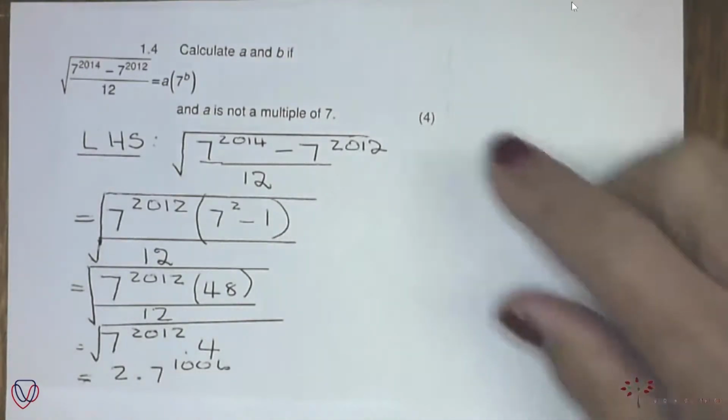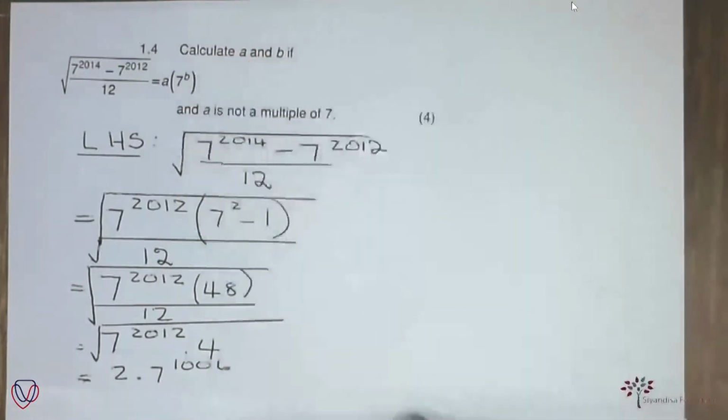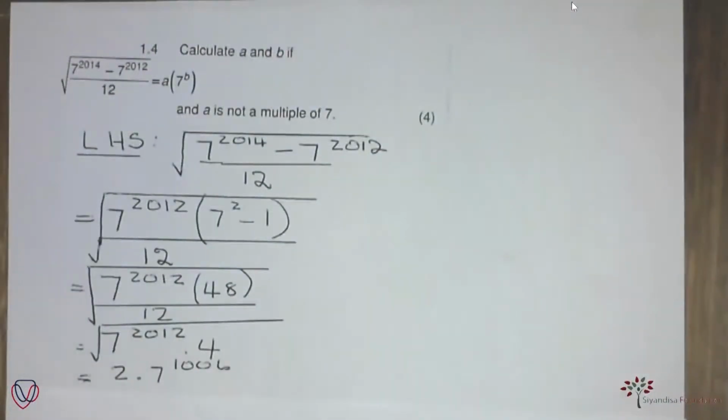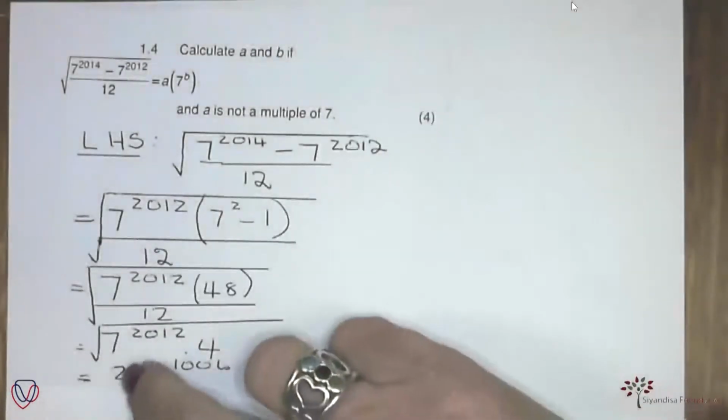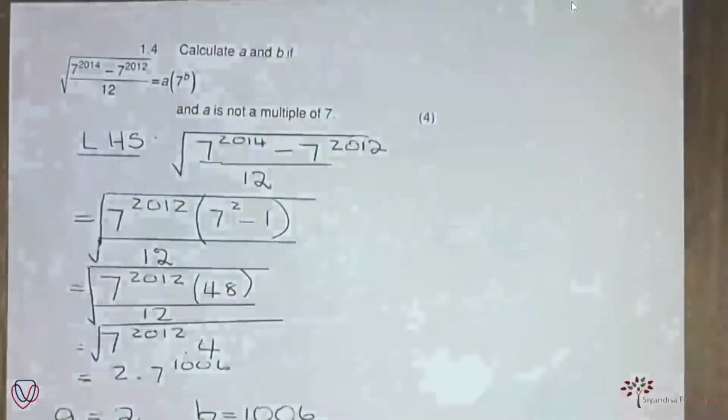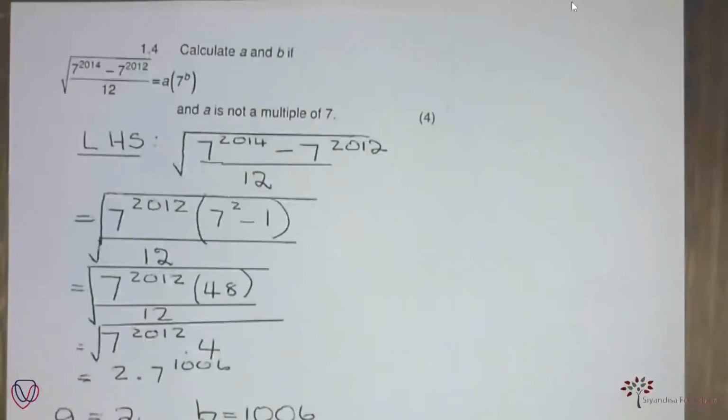Now, people, again back there, we've got a 7 to a power there, and what is that then? A. So there you have it in the correct form. A, 7 to the power of 1006. So A is 2, and B is equal to 1006. What a nice question.